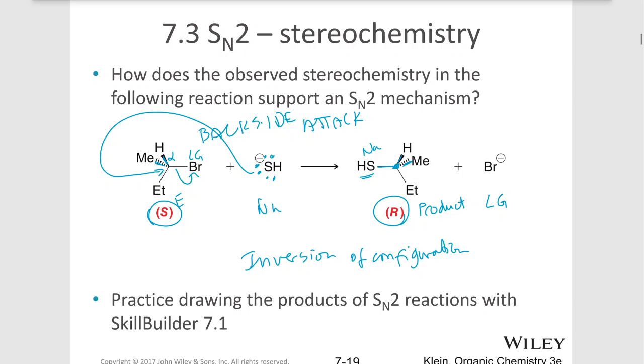You don't always go from S to R or R to S, but more than likely, if you had an S configuration in the starting material, your product will be the R configuration. If you had an R configuration, your product will be the S configuration, unless there's some anomaly, such as another higher priority group already attached to that alpha carbon. But you always get backside attack for an SN2 reaction, and you always get inversion of configuration for the stereochemistry.